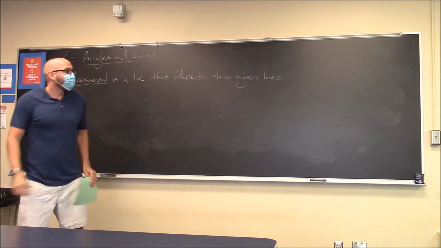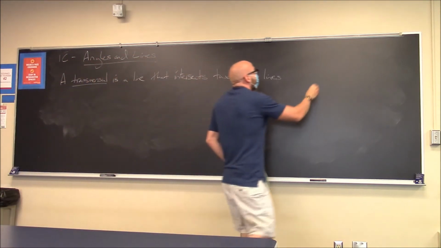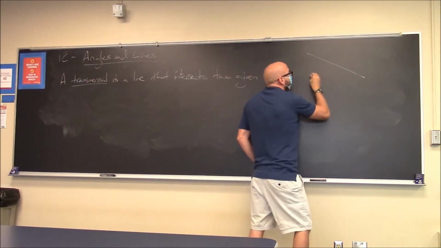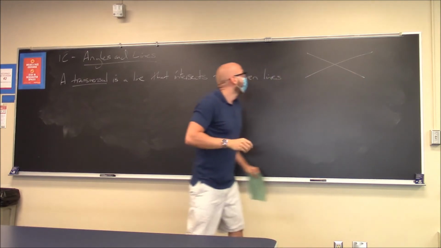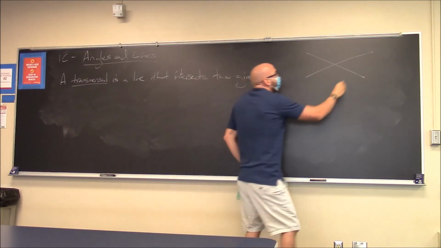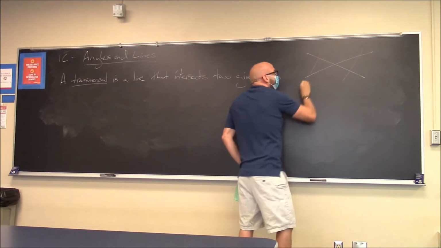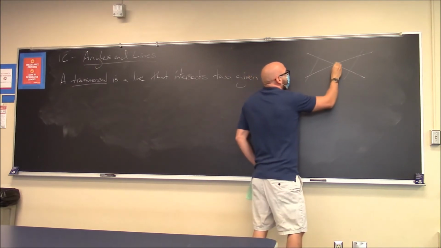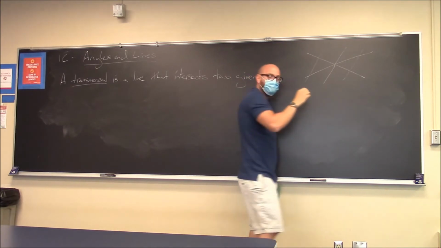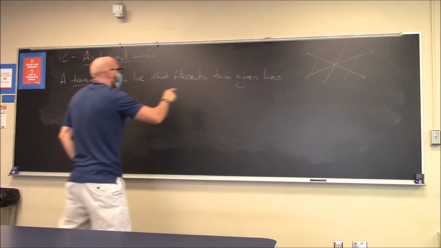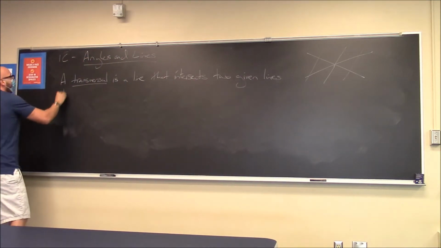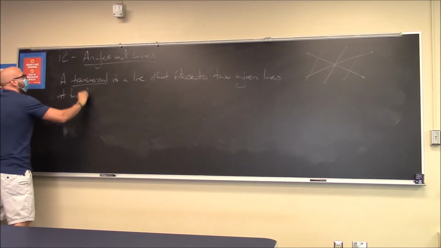And there's one particular case I want to avoid. Here's my two given lines, right? This would be a transversal, this would be a transversal. What I don't want to have is a transversal that cuts through right there at the point of intersection. So I'll specify intersects two given lines at two distinct points.